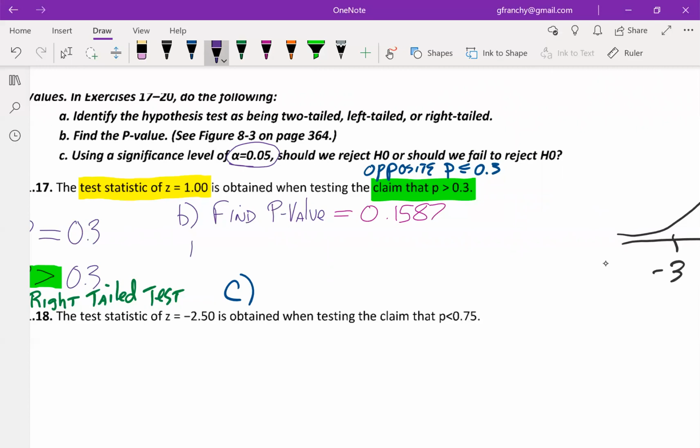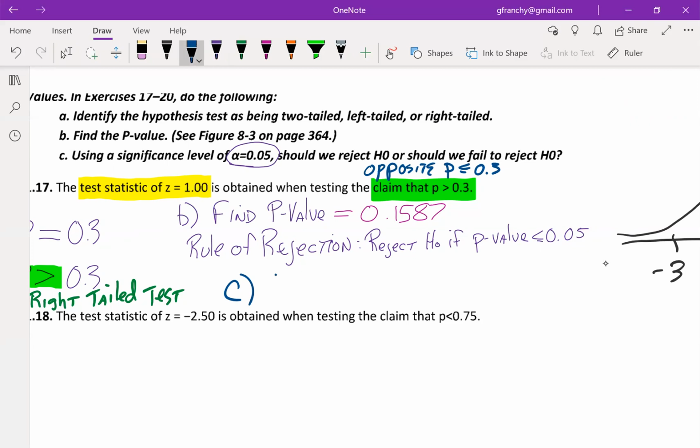Our rule of rejection is always phrased this way: reject the null hypothesis if the p-value is less than or equal to whatever the value of alpha is. So if 0.1587 is less than or equal to 0.05, we would reject the null hypothesis. If it's not, then we do not. And 0.1587 is close to 16%, definitely not less than or equal to 5%.